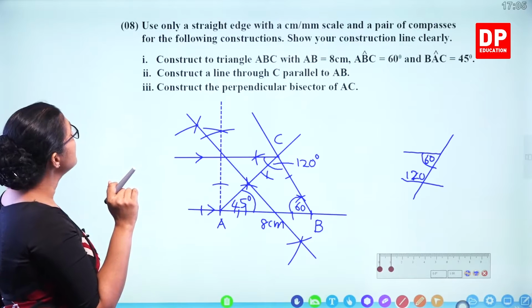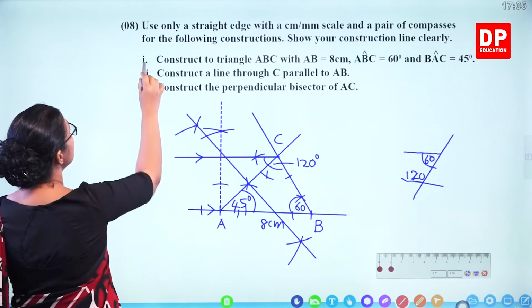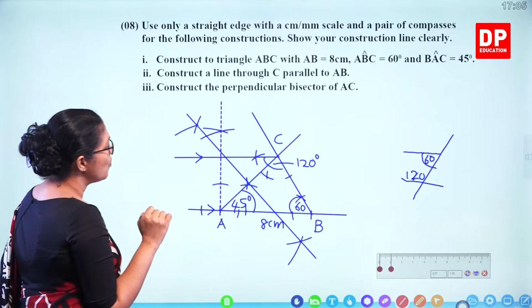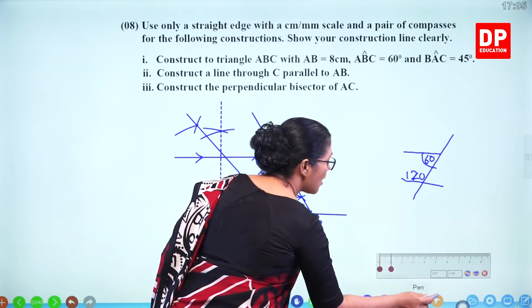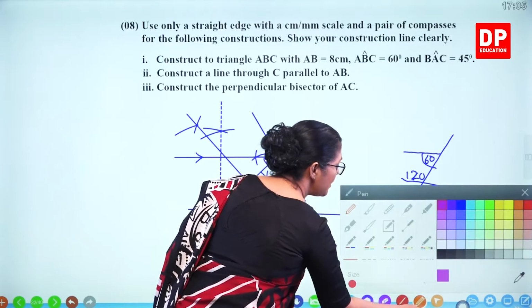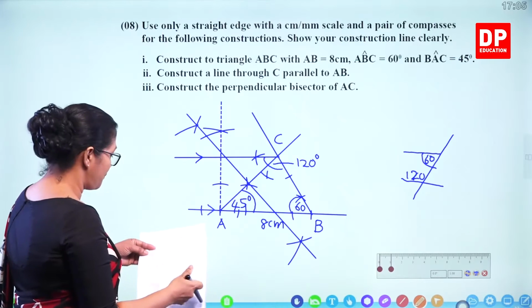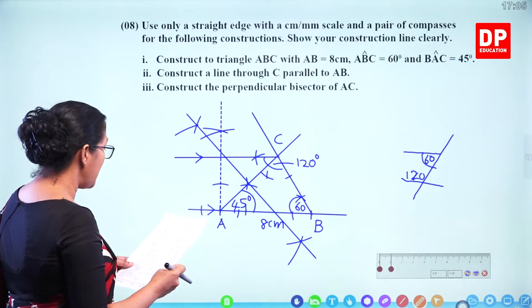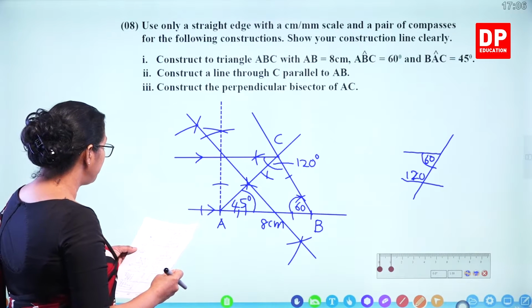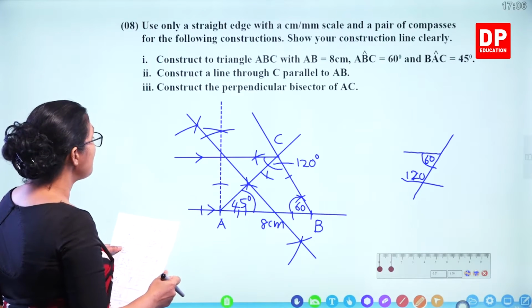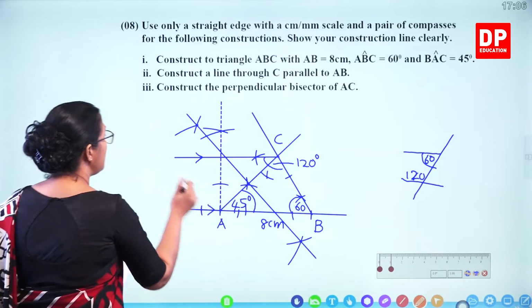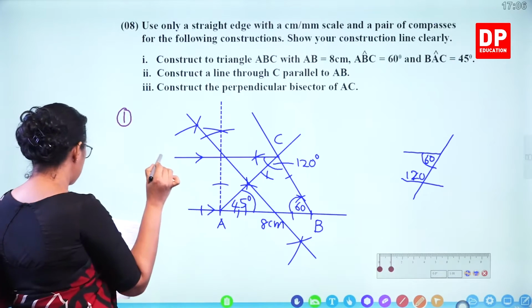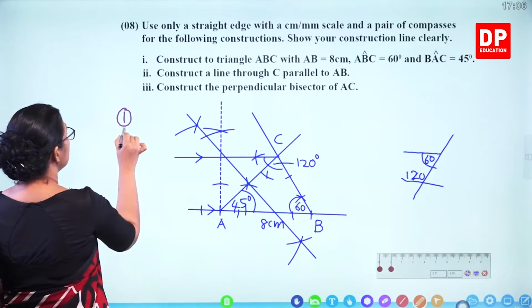So those are the 3 steps they ask. We'll give marks for those 3 parts. This is question number 8. 1 mark for drawing the AB length 8 centimeters. 45-degree angle, 1 mark.